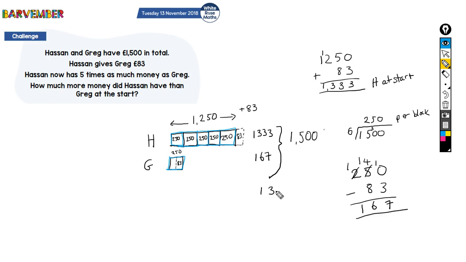So 1,333 subtract 167, and the answer we get is 1,266. Okay, so 1,266. All right, thank you very much.